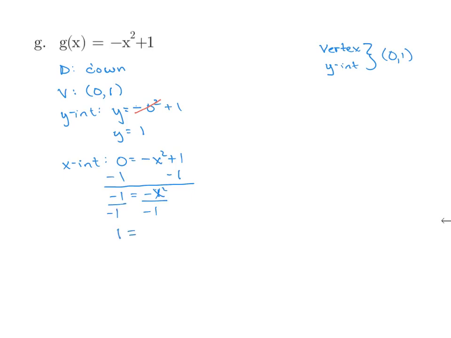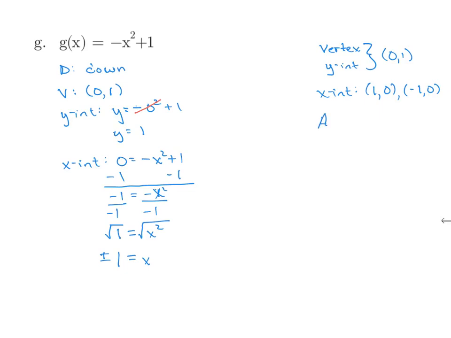We get 1 equals x squared. Take the square root of both sides and remember to include plus and minus. So we get plus and minus 1. So my x-intercepts are (1, 0) and (-1, 0).